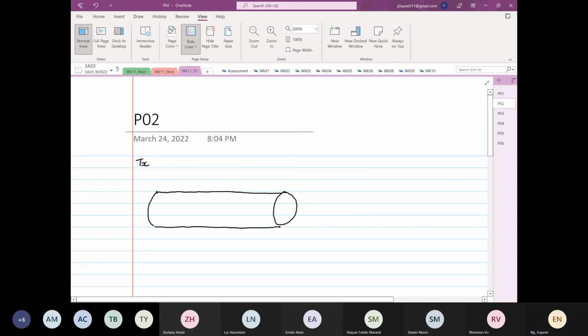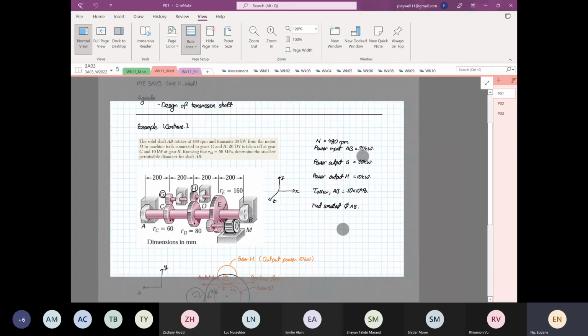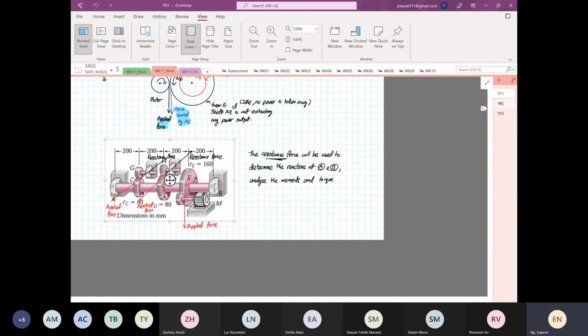Okay, so this is our X, Y, and Z, point A, point B, point C, point D, and point E. Okay. So if I refer to last week's notes, I can refer to it quickly. Okay, we have done this calculation.